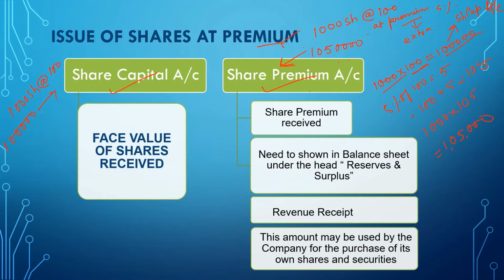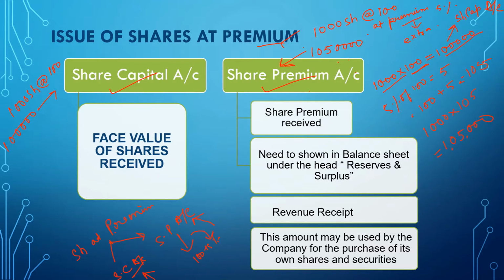So whenever we are issuing shares at premium, in such cases you have to open two accounts: one is share capital account, the other one is share premium account. Share capital portion, whatever you are multiplying at par, will go to this account, and the extra, that is 100 plus 5%, 105, after multiplying those shares with this extra amount, that premium amount will go to the share premium account.